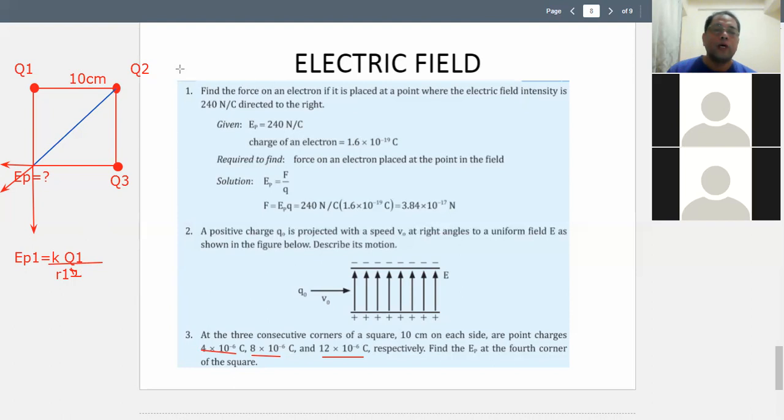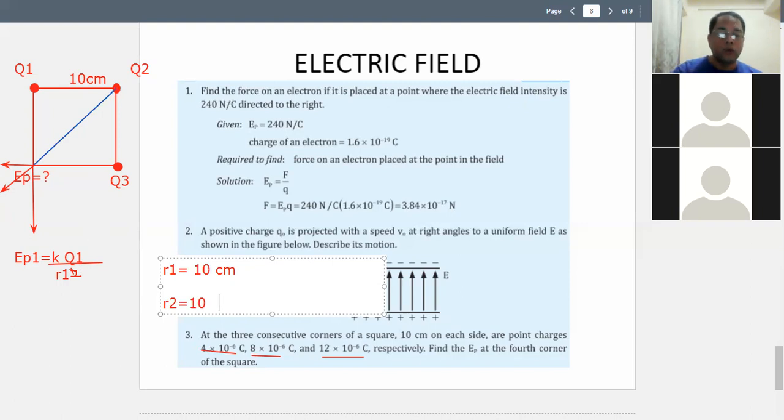So if r sub 1 is 10 cm, our r sub 2 is 10, but there is a square root of 2 for this one, and of course that's in centimeters.